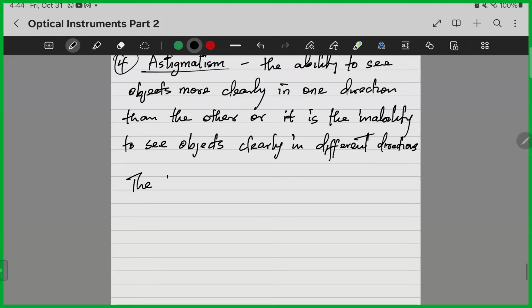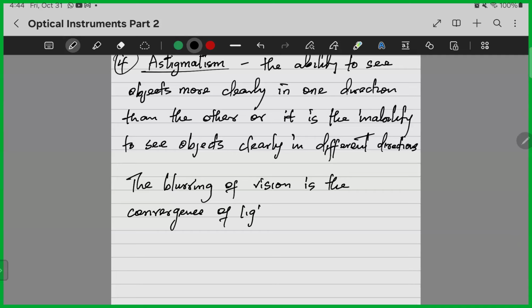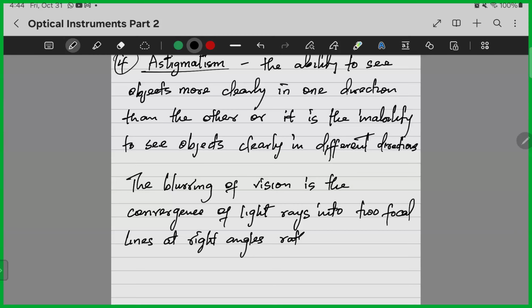The blurring of vision is the convergence of light rays into two focal lines, at right angles, rather than a single focus.